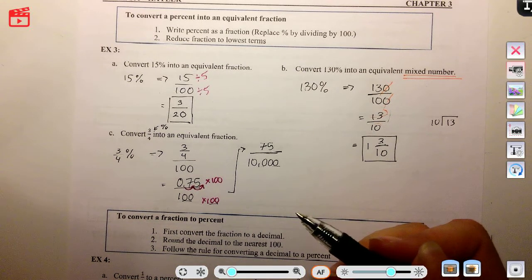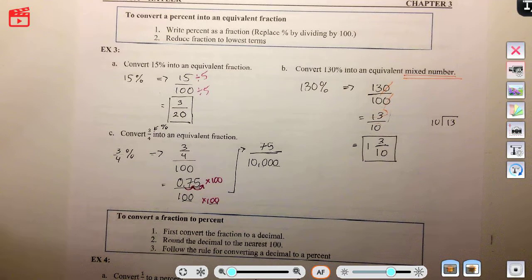Okay, so let's go ahead and see. 75. Can that go into 10,000? I believe it does. Oops, give me 1 second. Just checking a calculation. Oh, it doesn't perfectly.